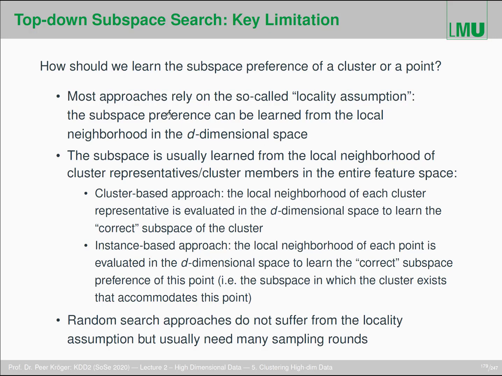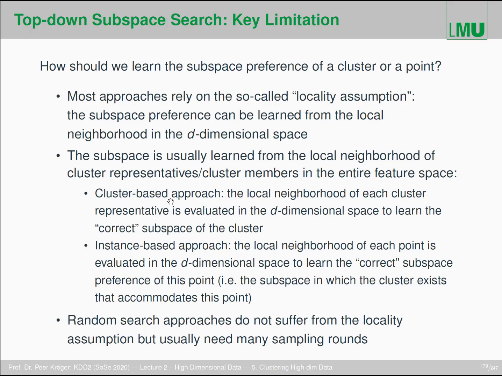So the subspace preference of a point or of a cluster is learned from the local neighborhood in the full-dimensional feature space. That this is possible is the assumption, which is obviously a clear contradiction to the curse of dimensionality. Still, the subspace is usually learned from the local neighborhood of cluster representatives or points, meaning cluster members, in the entire feature space.